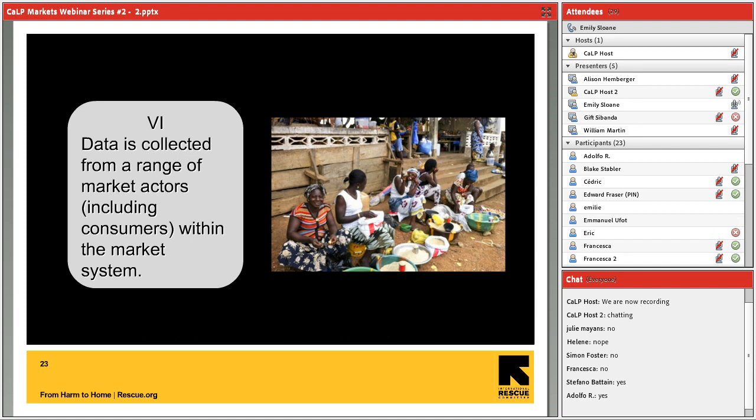So the first one is data is collected from a range of market actors, including consumers within the market system. One example of this is that CRS in Turkey included in their market analysis not only interviews with traders, but also interviews with households who told them which were their preferred markets to purchase basic needs items at. And this seems like such a basic thing, but it's often not done.